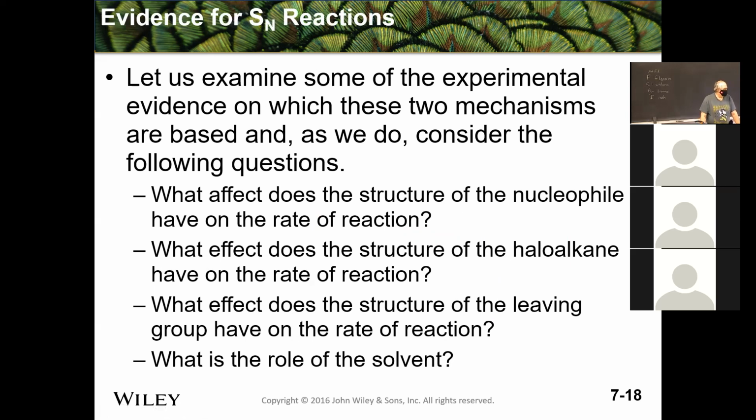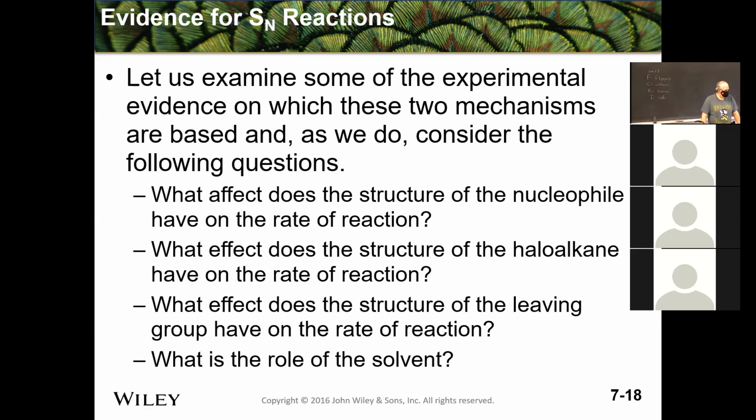Okay, so next we're going to examine some of the experimental evidence on which these two mechanisms are based. And as we do, consider the following questions. What effect does the structure of the nucleophile have on the rate of the reaction? We really haven't discussed that yet.